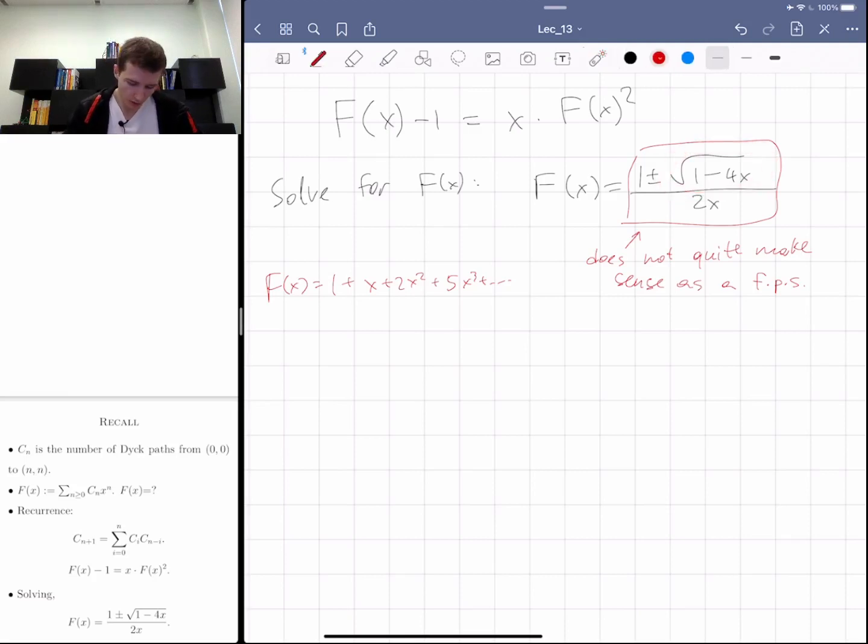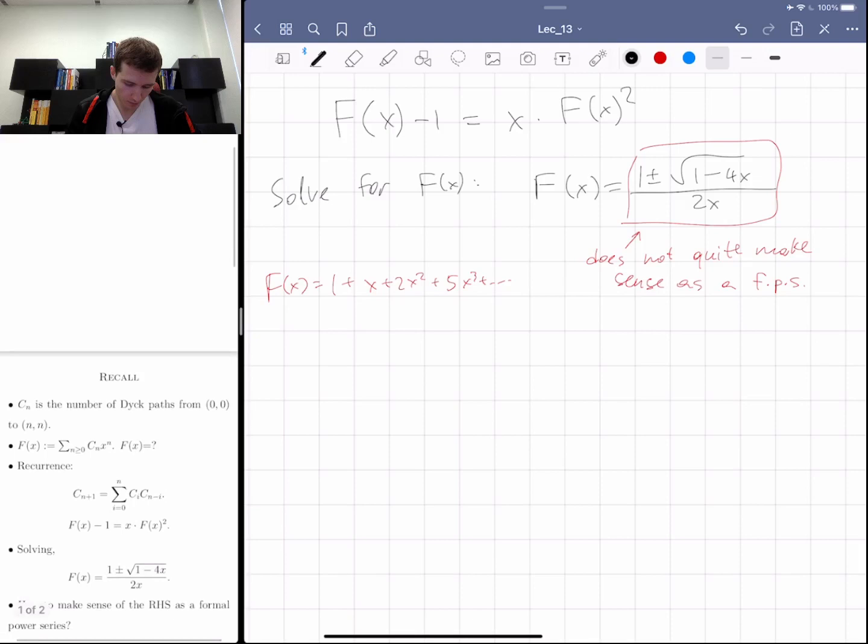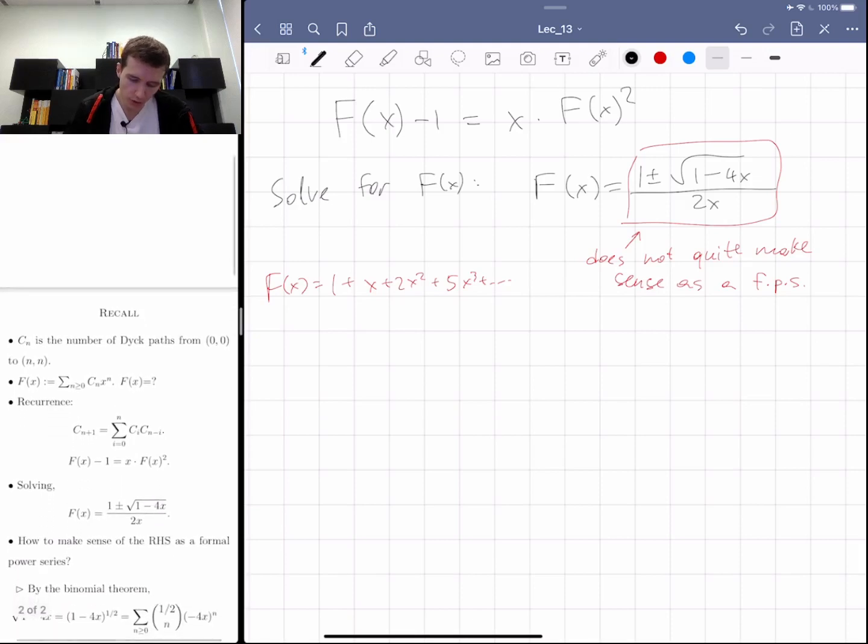First of all, for the square root, you just compute it by the binomial theorem. The square root of 1 minus 4x is the same as (1 minus 4x) to the 1/2.